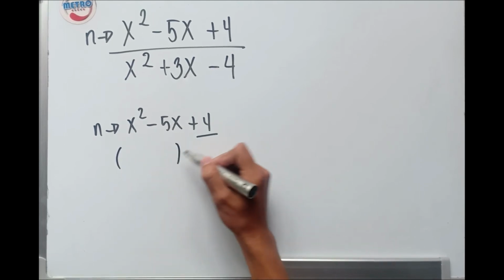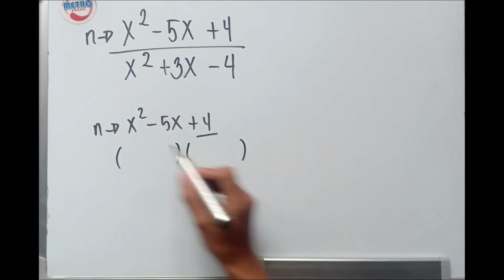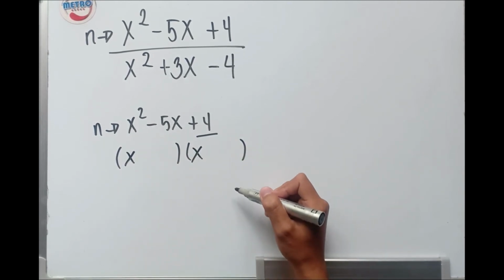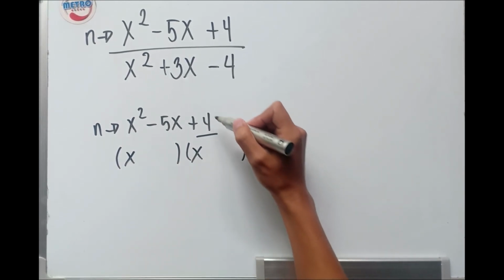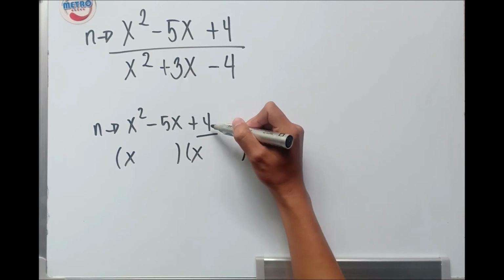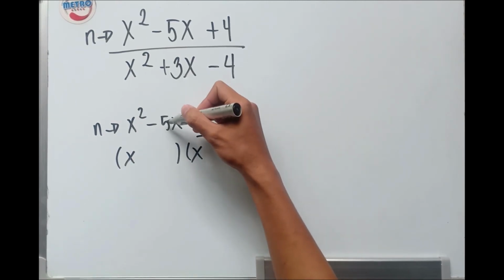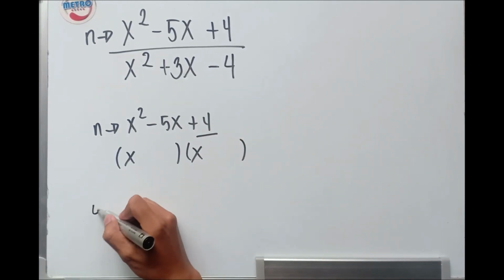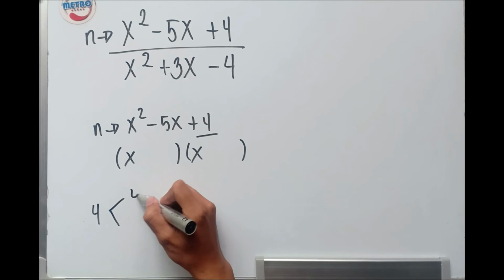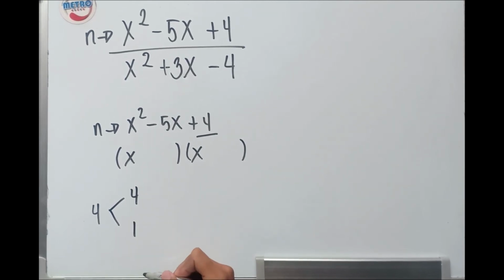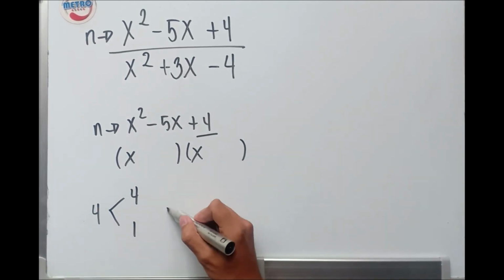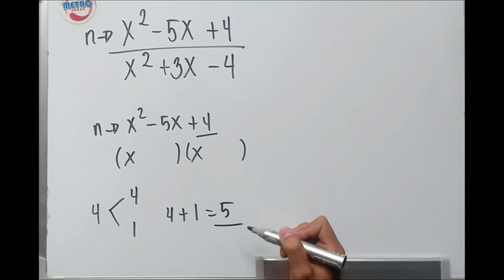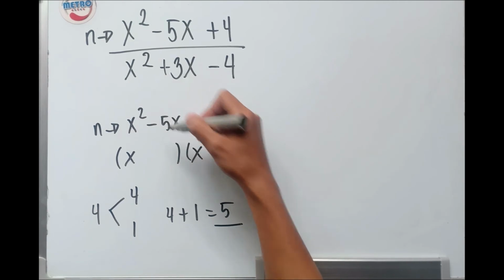We have to write 2 parentheses. x squared is x times x. Now, we're going to think of factors of 4 that can give you a sum of 5. Since we have 4, the factors of that are 4 times 1. 4 plus 1 is equal to 5. This 5 is the same as this number.